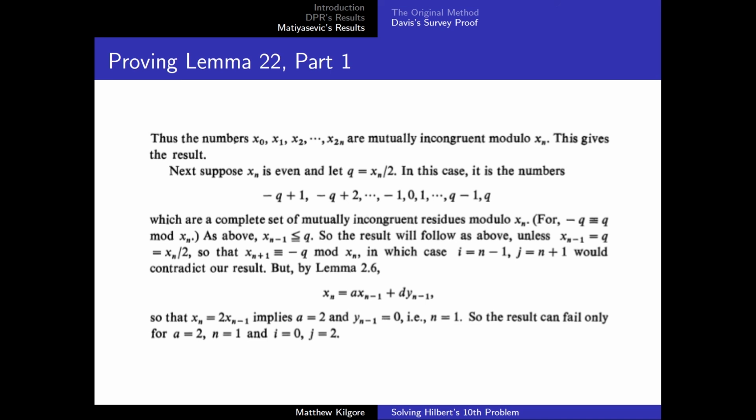By lemma 2.6, however, this will only happen if a equals 2 and y_{n-1} equals 0, i.e. n equals 1. Thus we get our terrible edge case, which already corresponds.